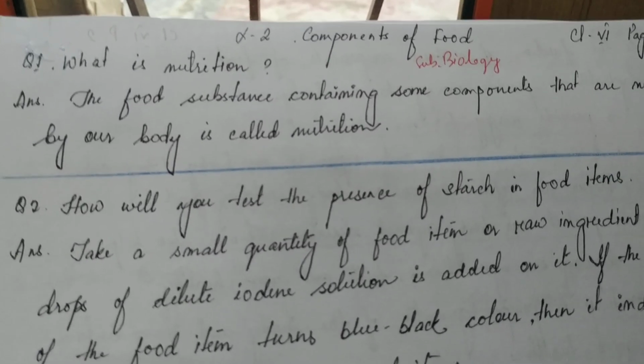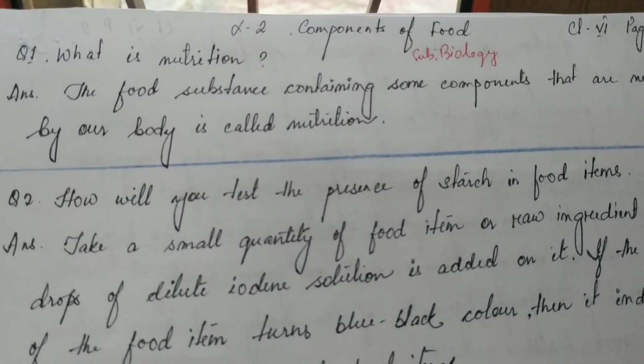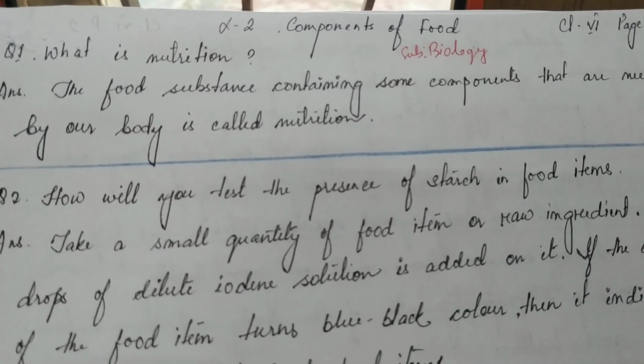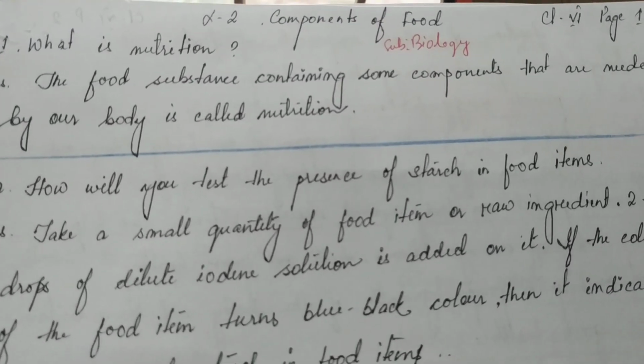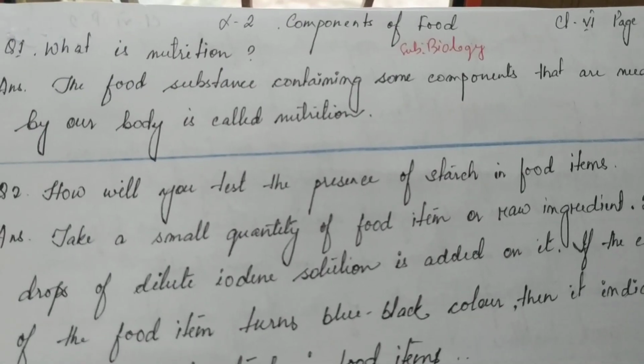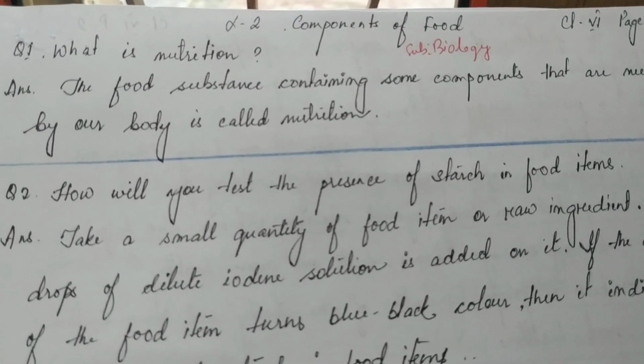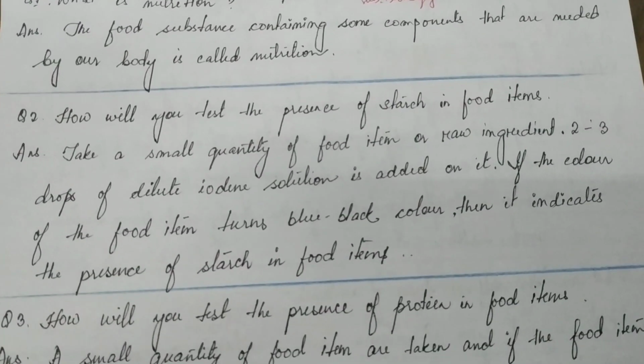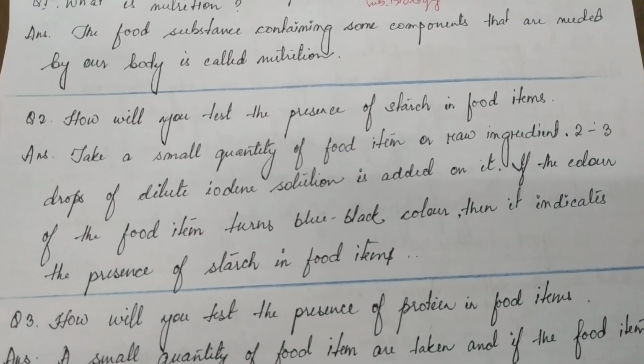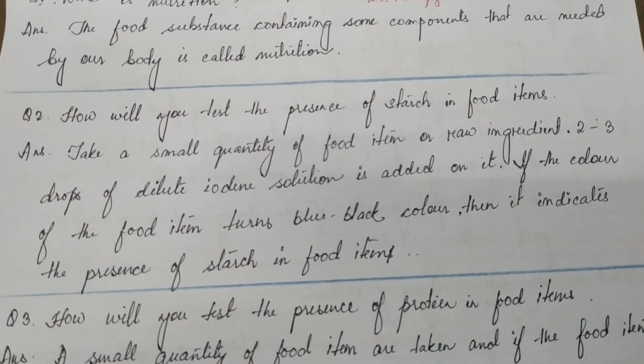What is nutrition? The food substances containing some components that are needed by our body are called nutrients. How will you test the presence of starch in a food item?